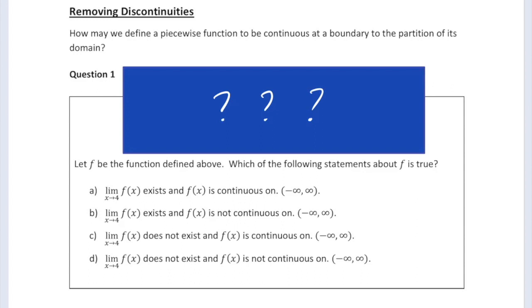Okay, so hopefully after reading them carefully, thinking about our definition of continuity, you can see that answer choice C is not our friend. Because if the limit does not exist, then there's no way that the function could also be continuous on that interval. So we're going to go ahead and just eliminate C outright before we even look at the function.